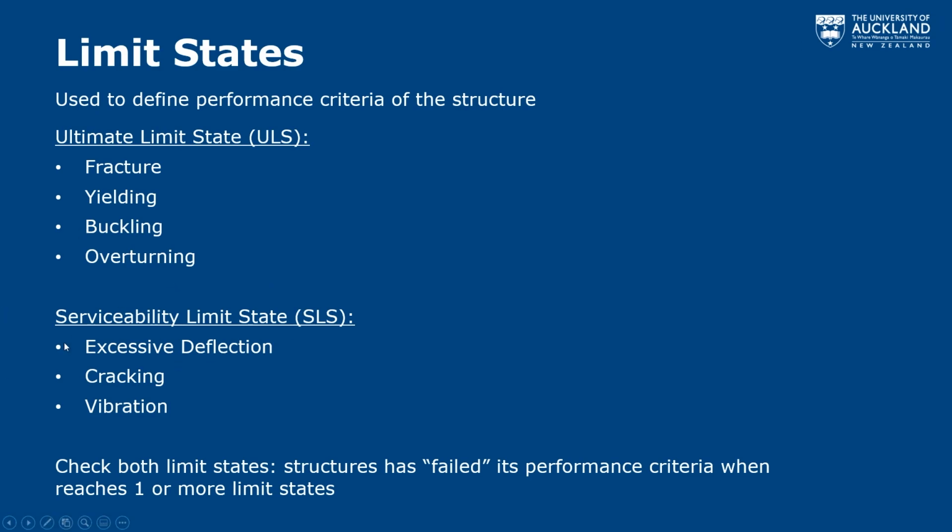Now, the serviceability limit state is our day-to-day performance, and this is to make sure that the building performs in a way that makes it useful. But if we fail the serviceability limit state, the structure is not going to collapse, it's not going to hurt anybody, it will be annoying. That would be like the floor deflects too much, and so your pencil is always rolling off of your desk. You might have some cracking, and so that might then allow moisture to come in and you'll get corrosion of reinforcement or your steel.